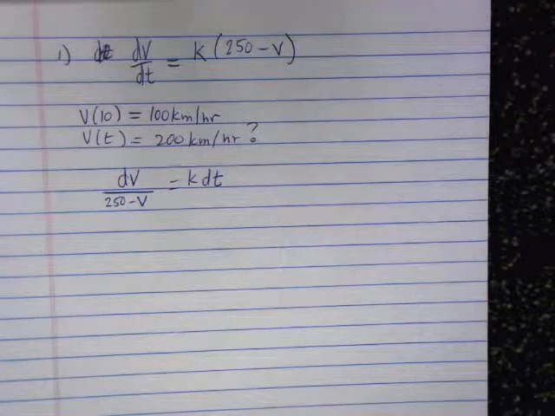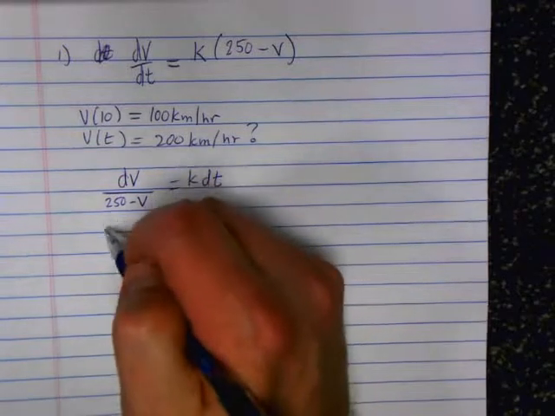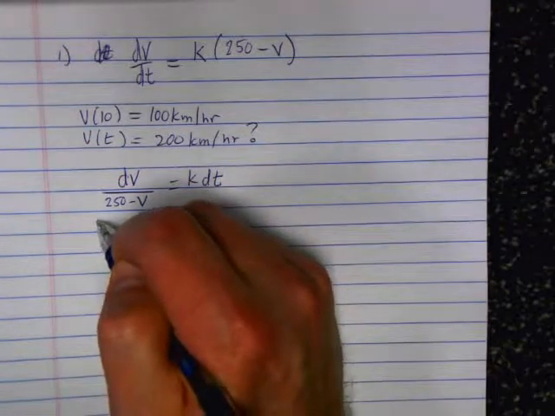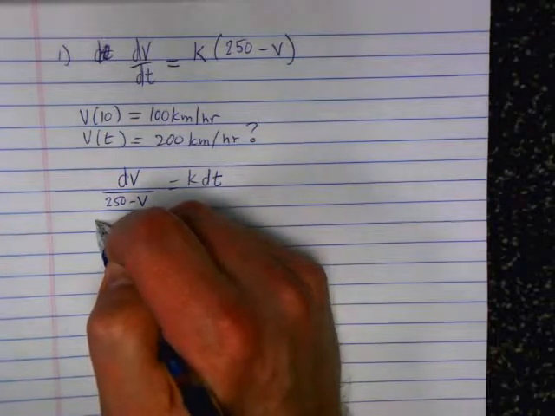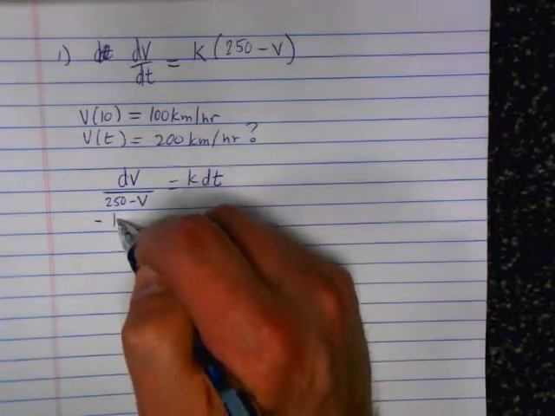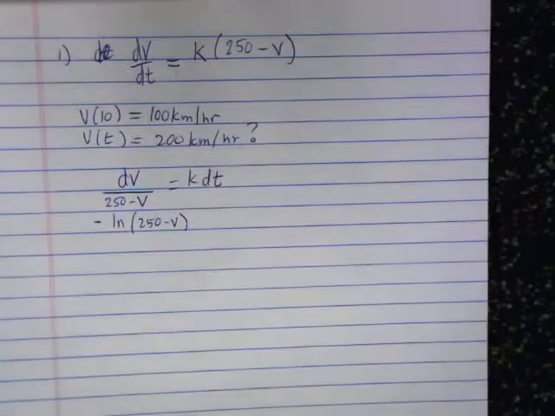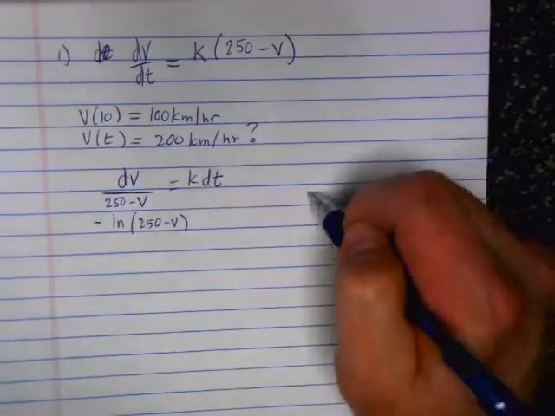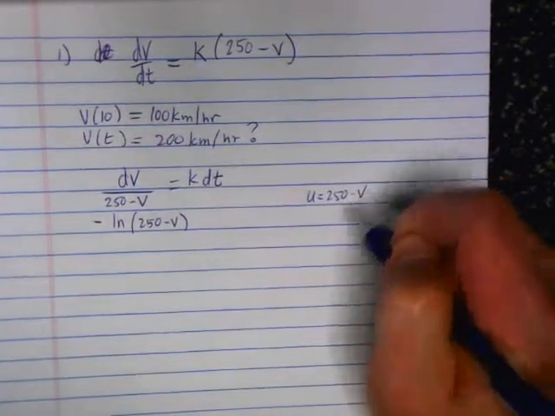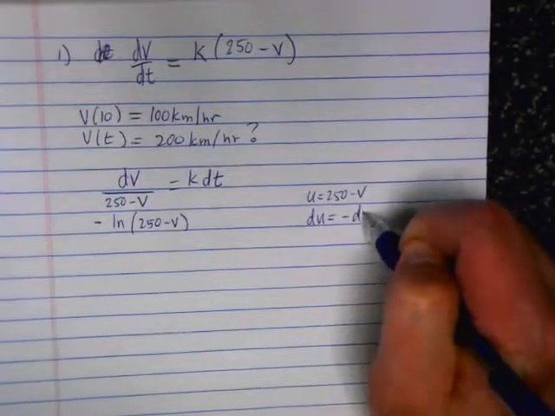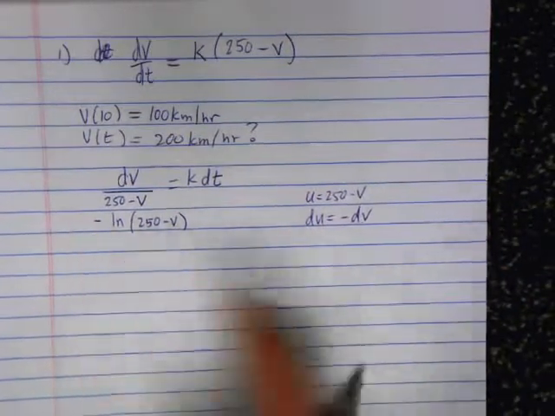What's the integral of dv over 250 minus v? Negative ln of 250 minus v. That's right. That's really a u substitution problem. You're letting u equal 250 minus v, so du is minus dv. That's where that little minus sign comes from.